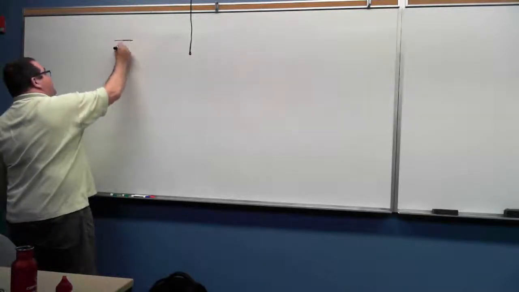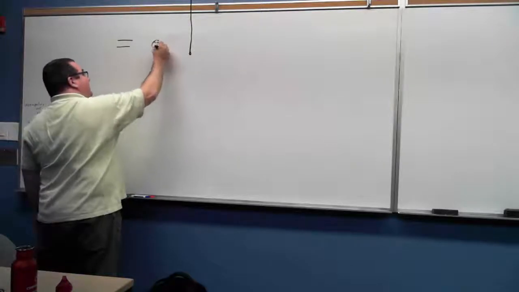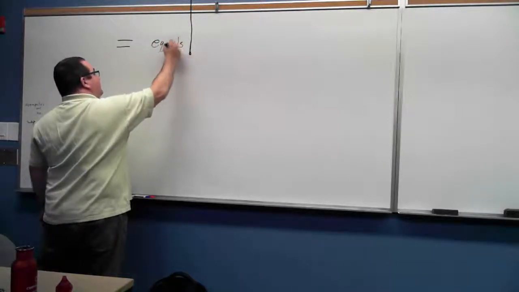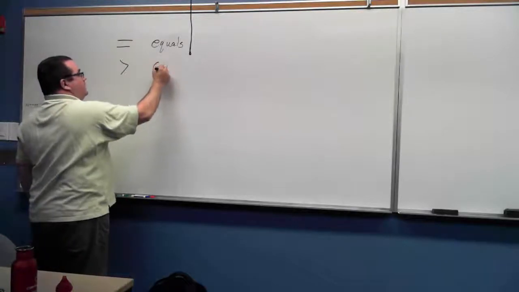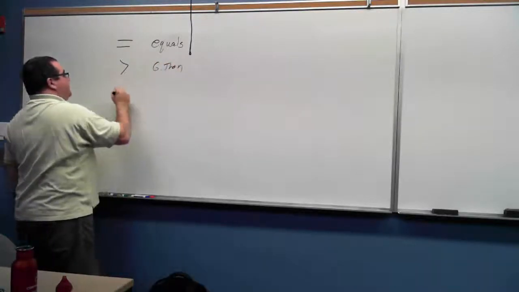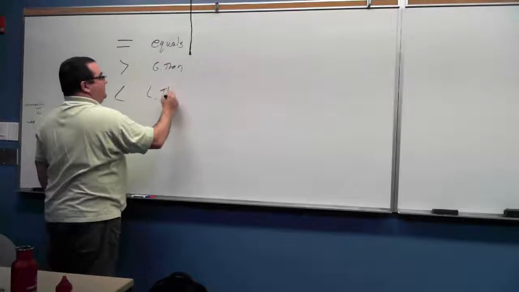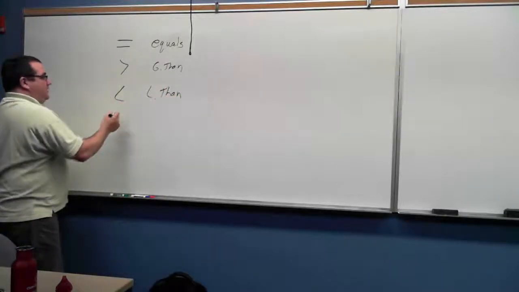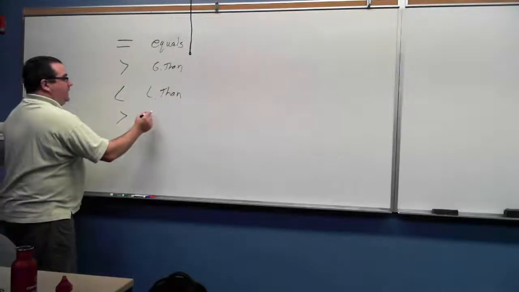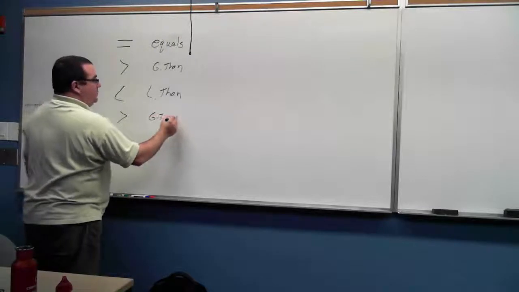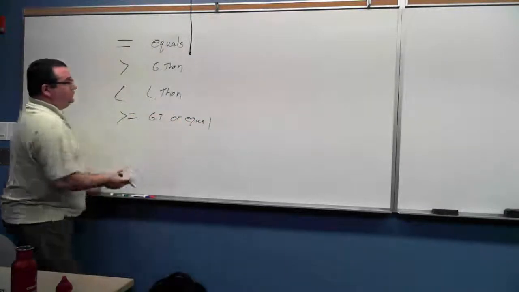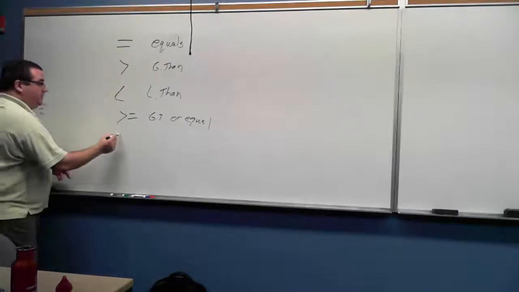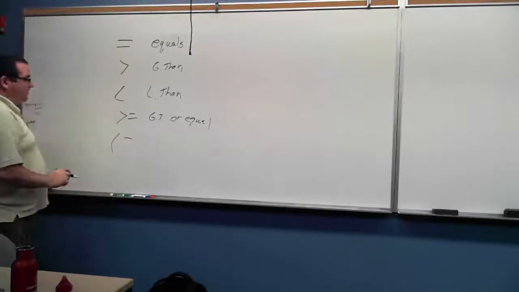Okay, we know this is equals, right? And then we have greater than and less than. Okay, good enough. Now we have greater than or equal. Okay, that we know. And we have, wow, that's an awesome less than sign.